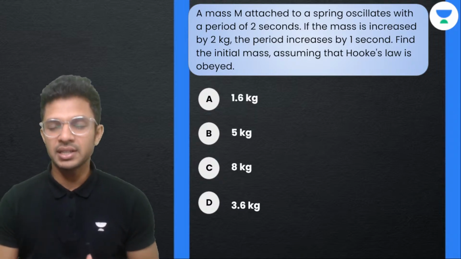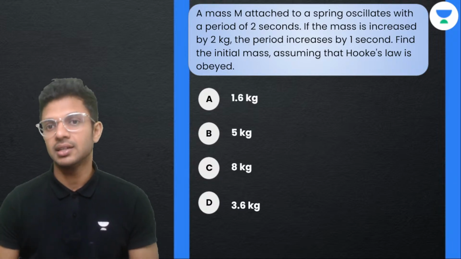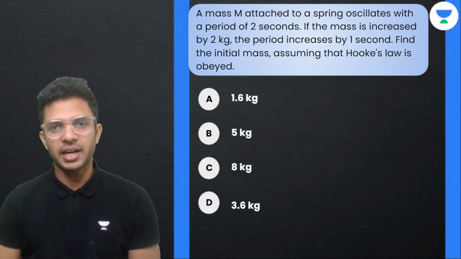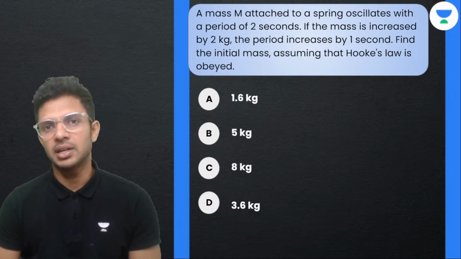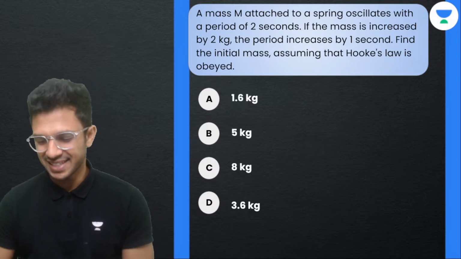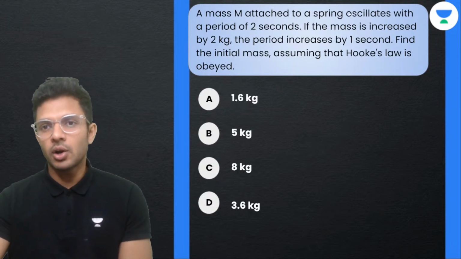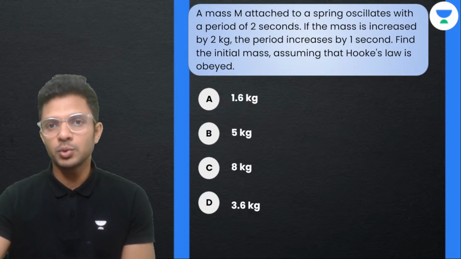Okay, this question has not much relevance to this particular chapter other than the word Hooke's law. Actually, this has to be coming from the chapter of oscillations. Anyway, that is also completed, so we'll do it. A mass M attached to a spring oscillates with a time period of 2 seconds.